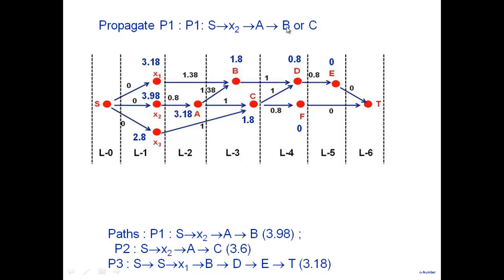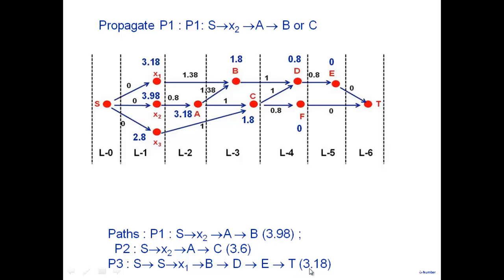How did I calculate that? If I go along B, what is the delay up to B? X2, A, B, the delay is 0.8 plus 1.38 here. Plus the maximum delay from B to T is 1.8. So you add that up, and you get 3.98.